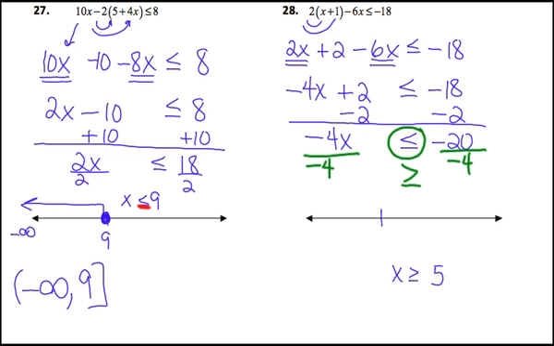So pick a spot somewhere here on the number line. Either color in this circle, or I do want you to know that you could use a square bracket, because that tells me that you understand that it's equal to 5 and then anything greater than that 5.